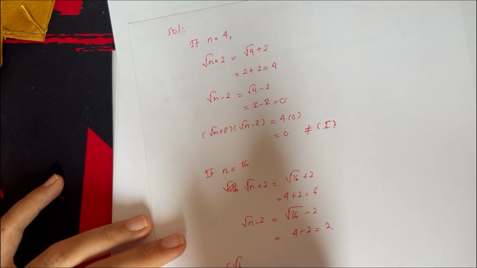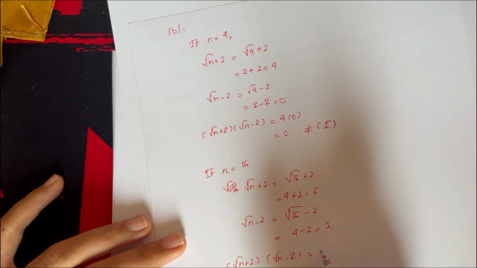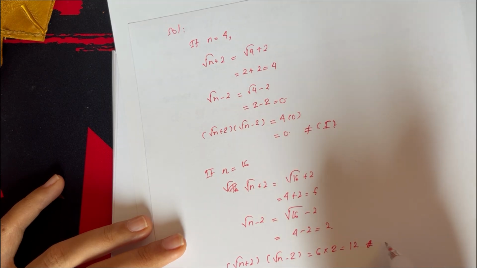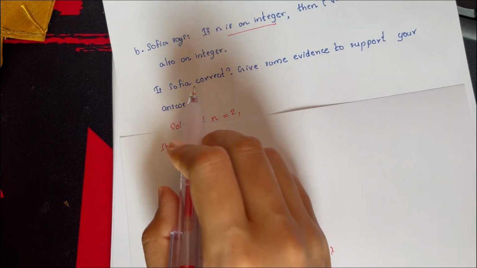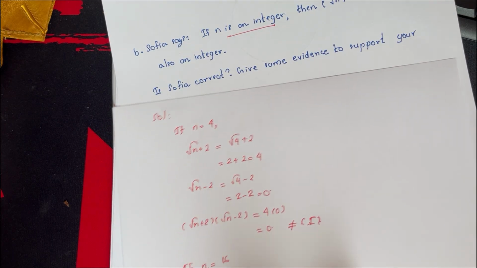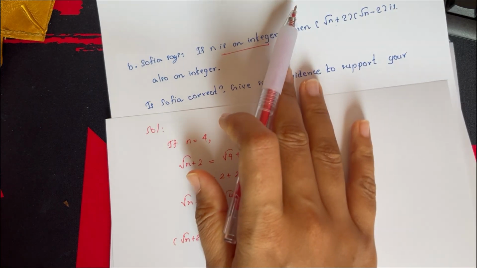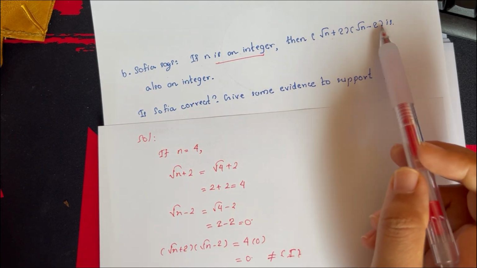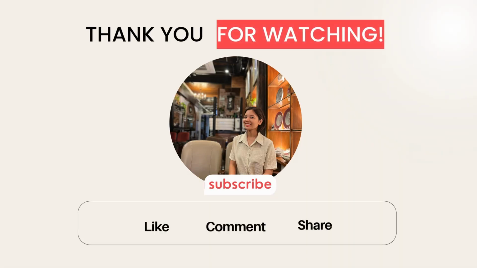So root n plus 2 multiply root n minus 2 equal to 6 times 2 equal to 12. This is an integer. So Sophia is correct. If n is an integer, root n plus 2 multiply root n minus 2 is also an integer.